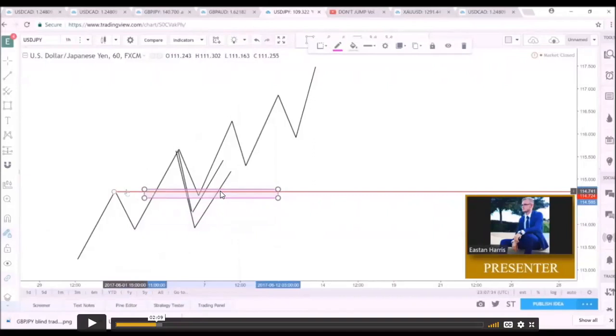Because it made a higher high here. So when it made the higher high here, this is when structure moved. At first it was here because of this move, right? Then we came down, we made the peak. Once we got to the higher high, now we have a new structure.